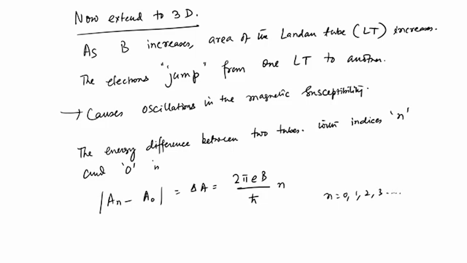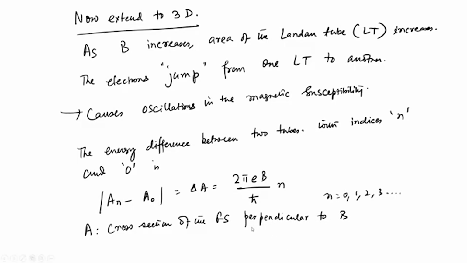Okay. So, A denotes the cross section of the Fermi surface perpendicular to B, the magnetic field basically. Okay.